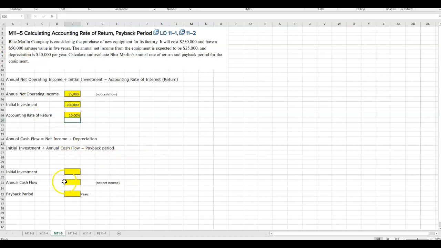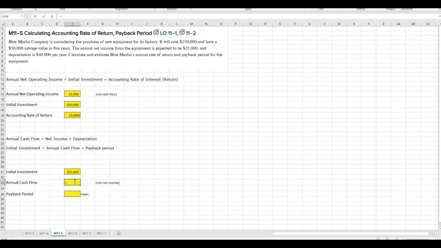So the payback period, how long will it take you to get it paid back? The initial investment is $250,000. The annual cash flow, not net income. So cash flow, net income is $25,000, but depreciation is $40,000 a year, and we know that depreciation is a non-cash item.